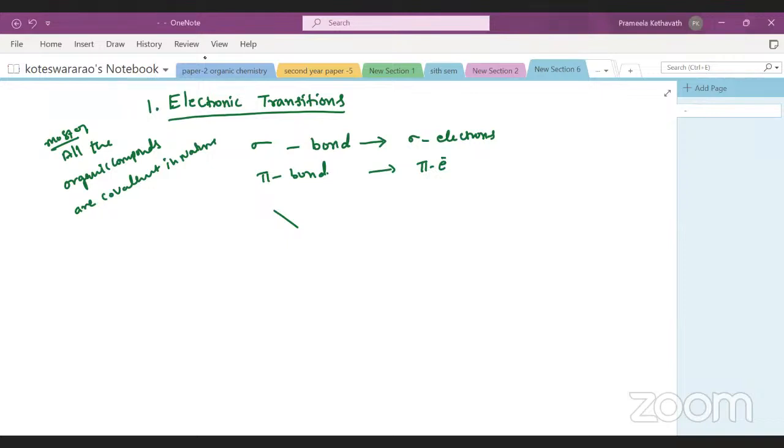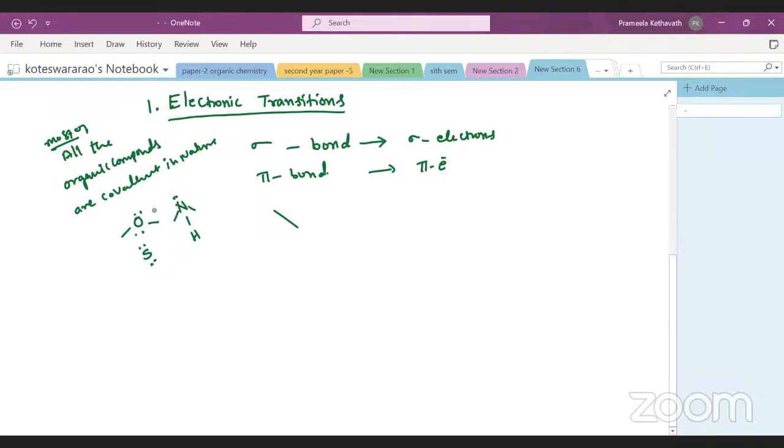Okay. Other than these pi electrons and sigma electrons, we frequently see a pair of electrons on the atoms in the molecule. If you consider oxygen, it has two pairs of electrons in most cases when divalent. Sulfur has lone pairs. And in ammonia or other nitrogen compounds, there are lone pairs.